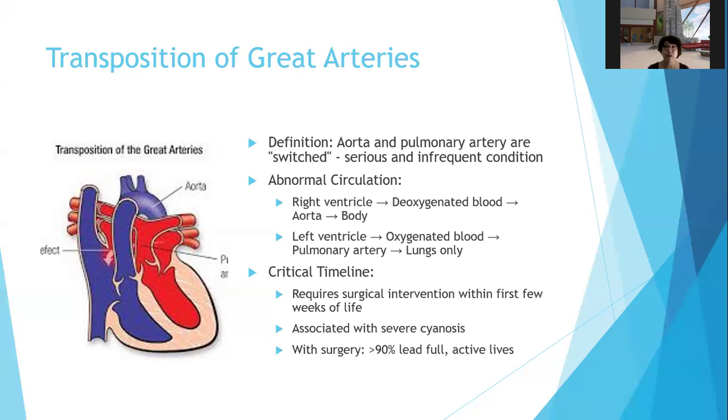And the left ventricle sends oxygenated blood back to the lungs. So that's a mix up. It requires surgical intervention within the first few weeks of life, and that's critical. There's severe cyanosis. With surgery, over 90% of people can lead full and active lives. So if it's detected early and they have surgery within the first few weeks of life, they can fix that, which is great. That's not a good condition.